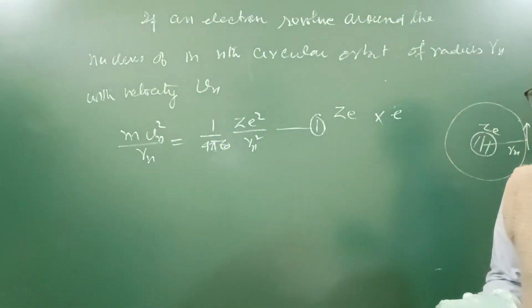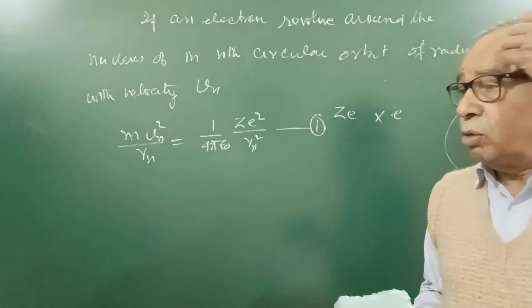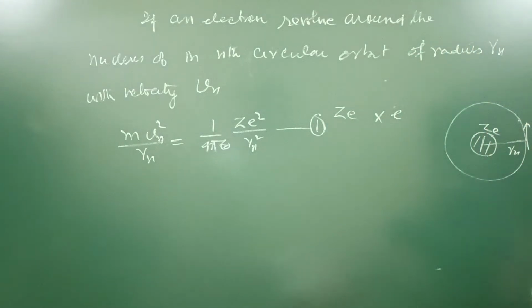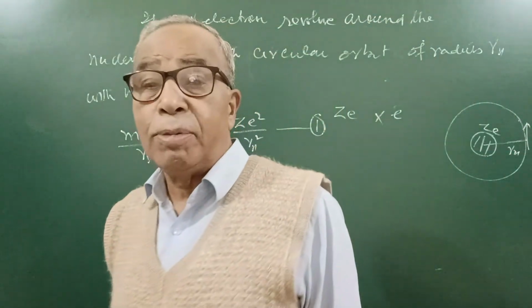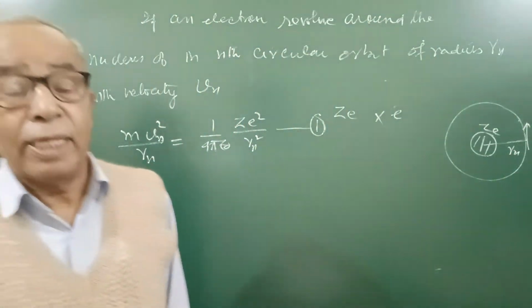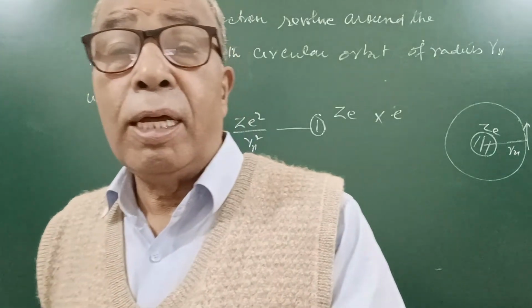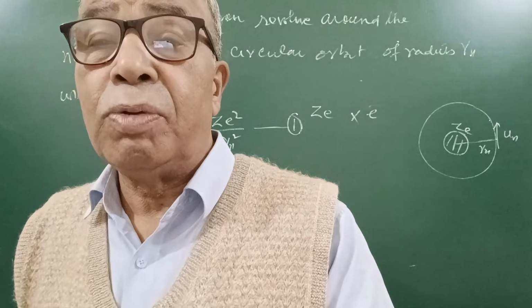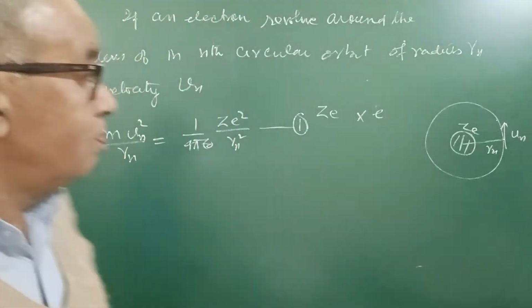So electron revolves around the nucleus in circular orbits, and when a body moves in circular path, that needs centripetal force. That force is provided by force of attraction between charge of nucleus and charge of electron.